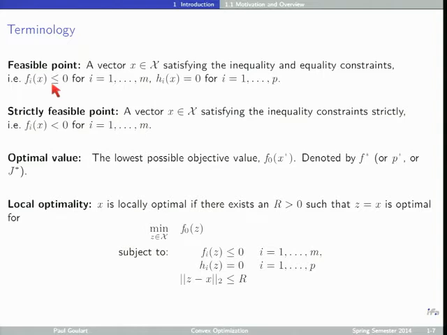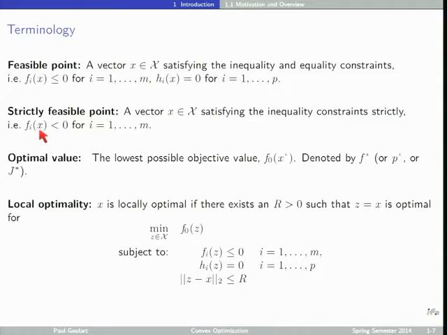I can either satisfy it by having it equal to 0, or I can satisfy it by having it strictly less than 0. And if I take a point x and it satisfies all of the inequality conditions with a strict inequality, then I say that the point is strictly feasible. There's a diagram in a few slides that shows you the difference between these two things.